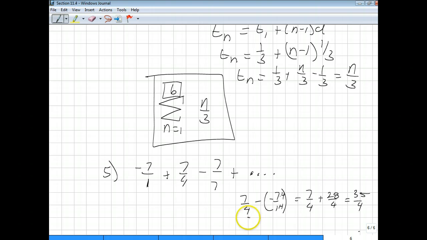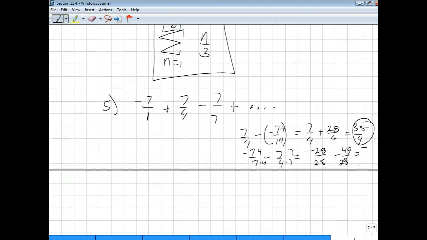Then if I take -7/7 minus 7/4, multiply top and bottom by 4, top and bottom by 7. So this is negative 28 over 28 minus 49 over 28. Well, this is going to be a negative number, so it's not the same as that. So it's not arithmetic.